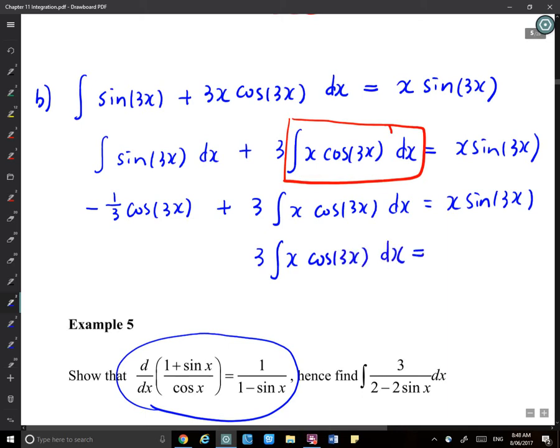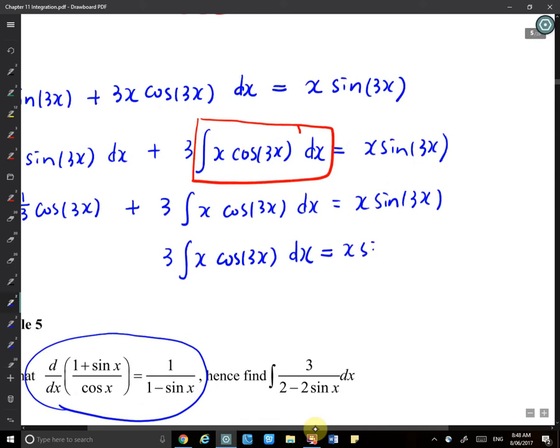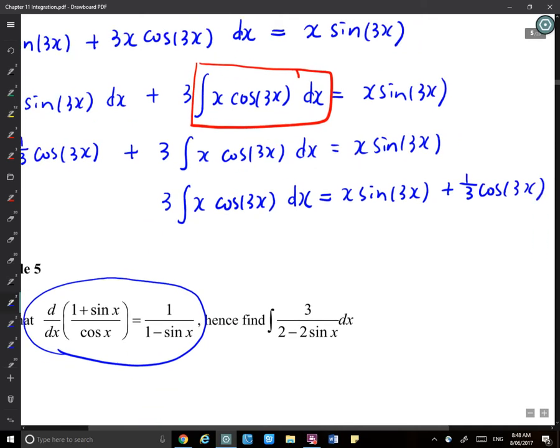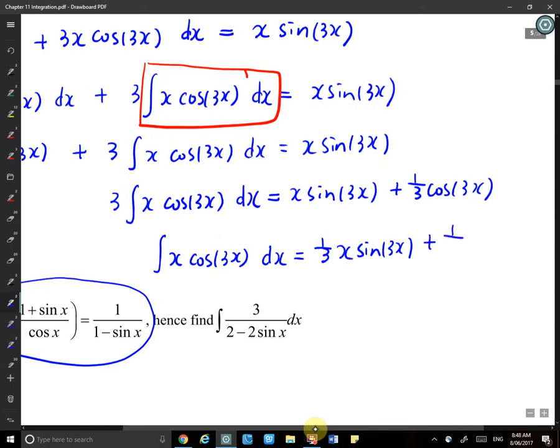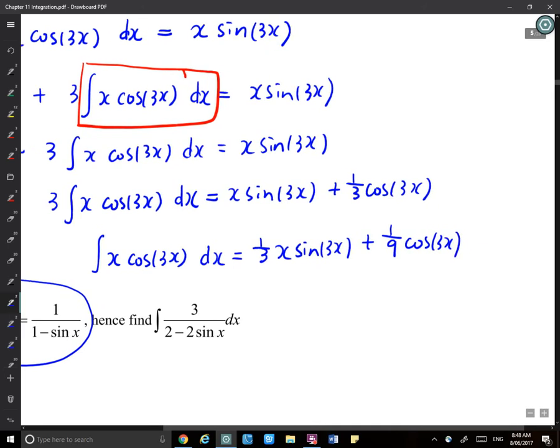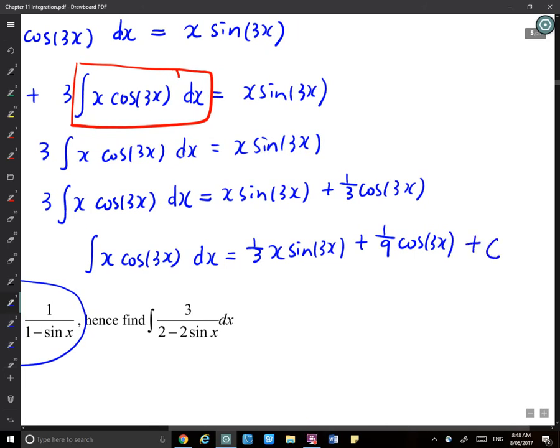So 3 lots of that will give you x sine 3x plus a third cos 3x. And you divide by 3. The integral of x cos 3x dx equals a third x sine 3x plus 1/9 cos 3x. And you already find the answer, so you plus the c value here.